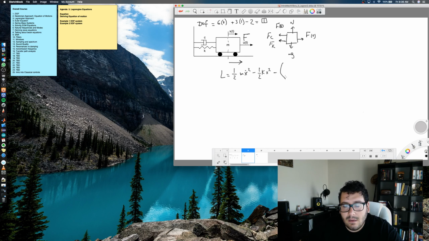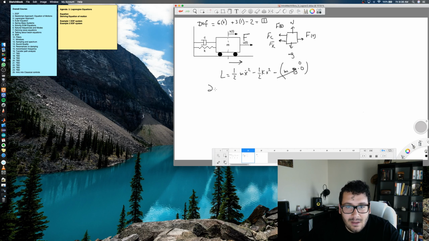Minus, what is my potential energy? It's m times g times nothing, because I have no movement in that direction, so my potential energy is zero.